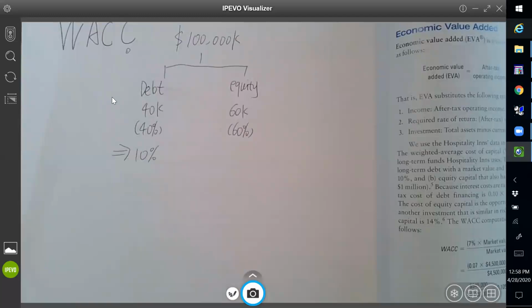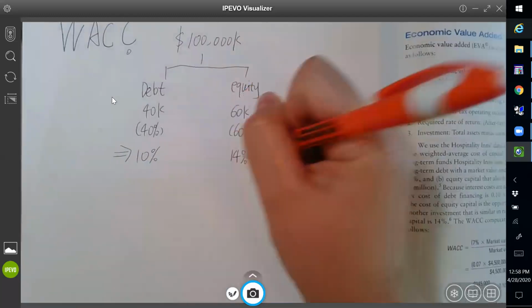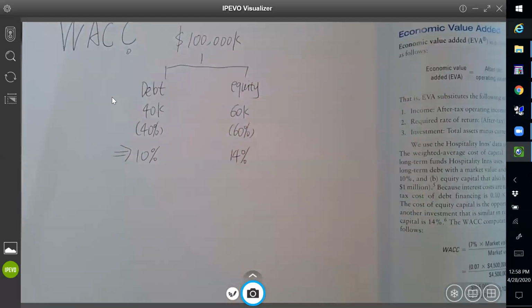For the equity, the stockholders think your project is kind of risky, so they require 14% as the return. My question now is, if someone asks you, what's your company's overall cost of capital, the cost of both debt and equity, how do you answer the question?